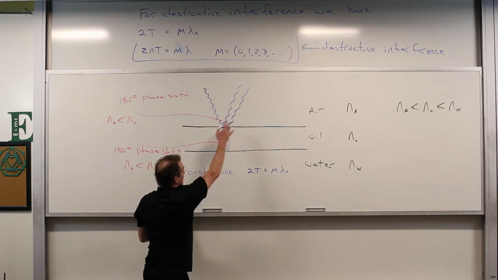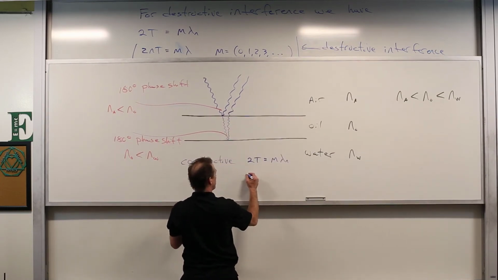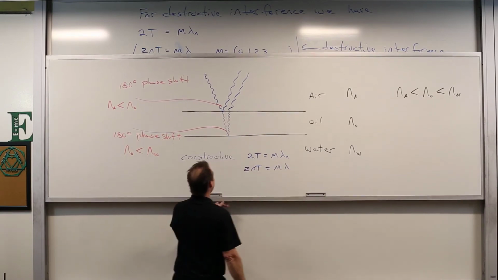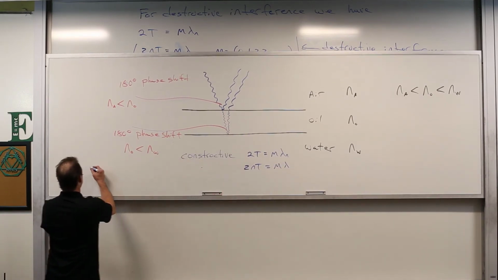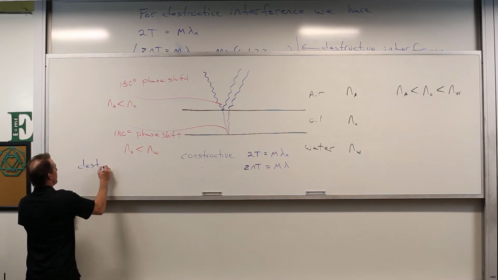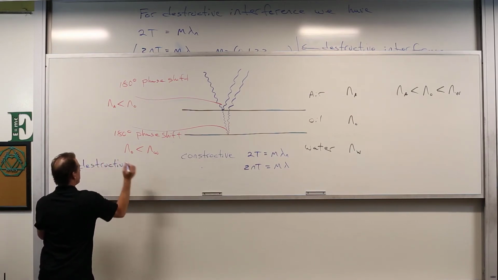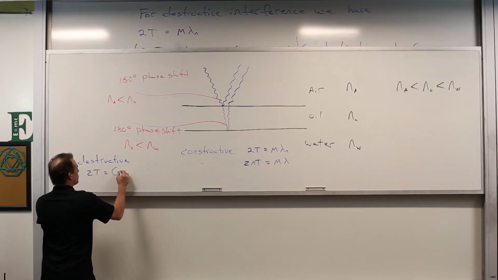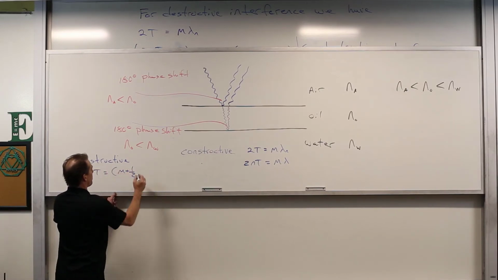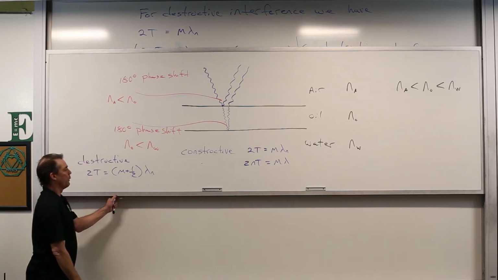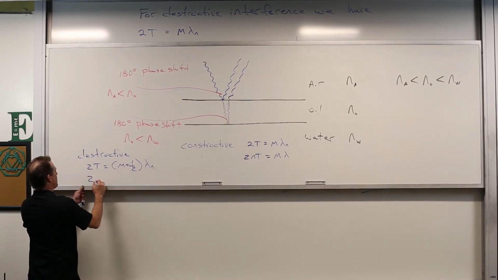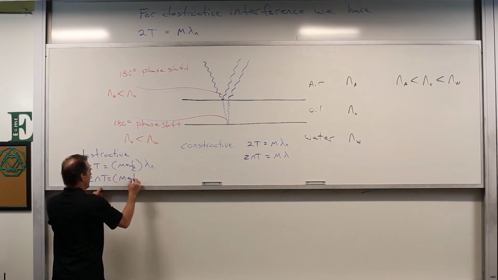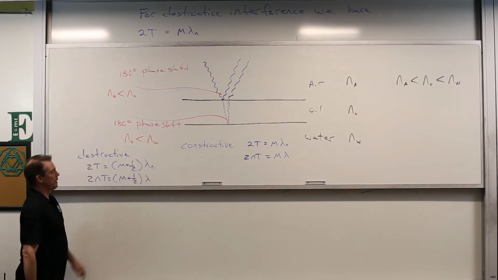We'll have that they exit in phase, which gives us 2nt is equal to m times lambda for constructive, and for destructive, we'll have that 2t is equal to an odd integer multiple of half wavelengths of the wavelength in the material, which again gives us 2nt is equal to (m plus 1/2) times lambda.